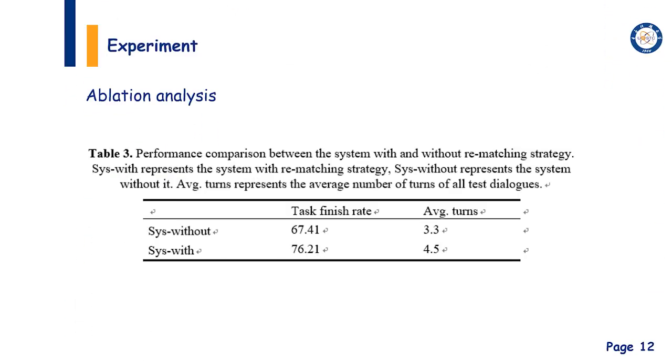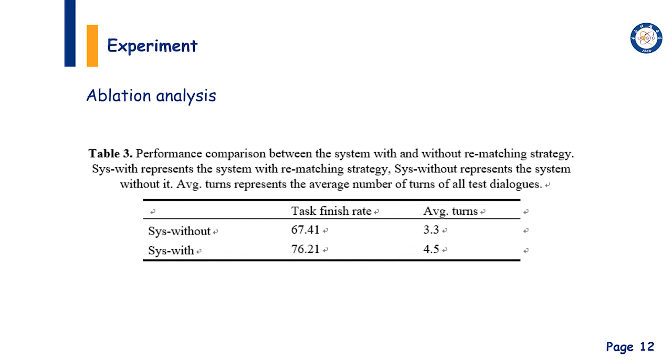To demonstrate the effectiveness of the rematching strategy, we compare the performance between our system and the one without the rematching strategy. As can be seen from Table 3, the task finish rate of the system with the rematching strategy is significantly higher than that without it. We notice that the average number of turns of our system with the rematching strategy is larger than that without it.